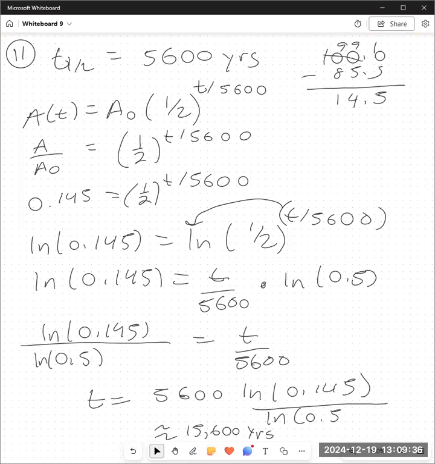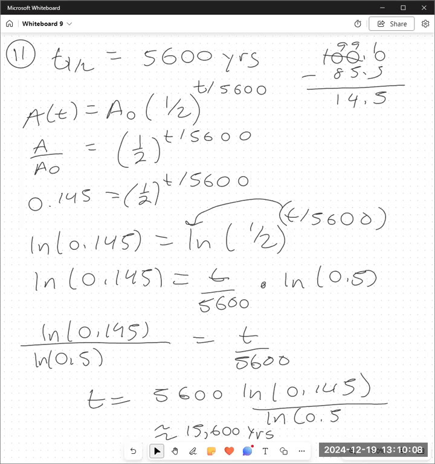We don't usually round any more exactly in these carbon dating problems beyond the nearest 100 years, just because this is a little bit imprecise. There's all kinds of other variables that aren't accounted for other than time, temperature, pressure, all kinds of other things that could be going on that would affect the decay rate.